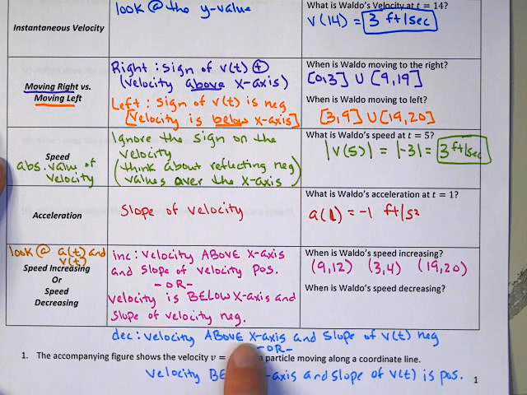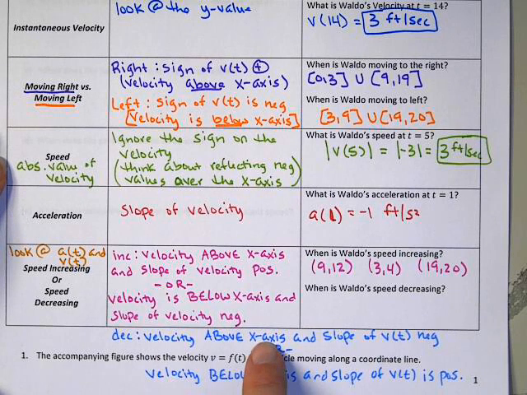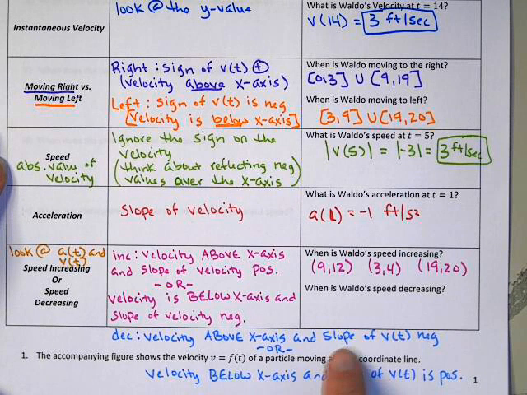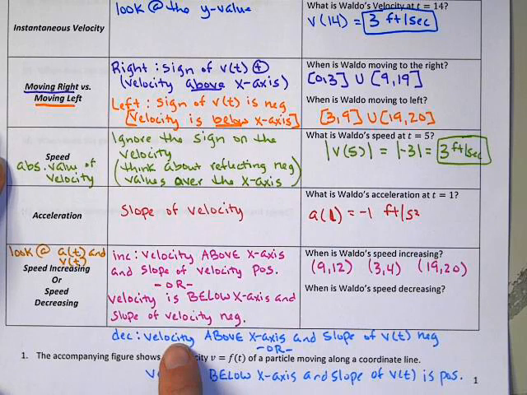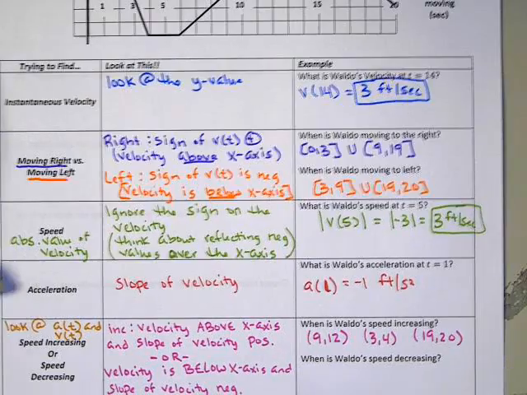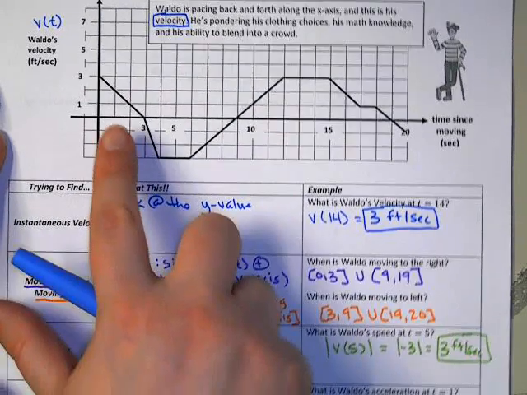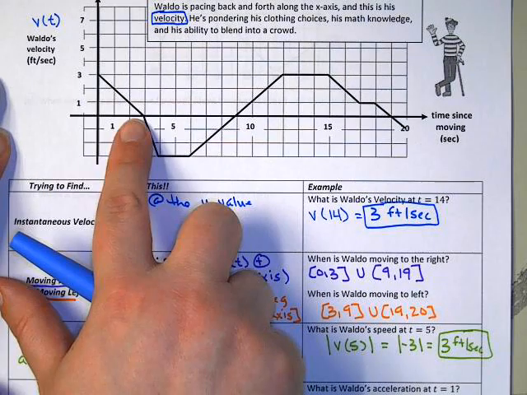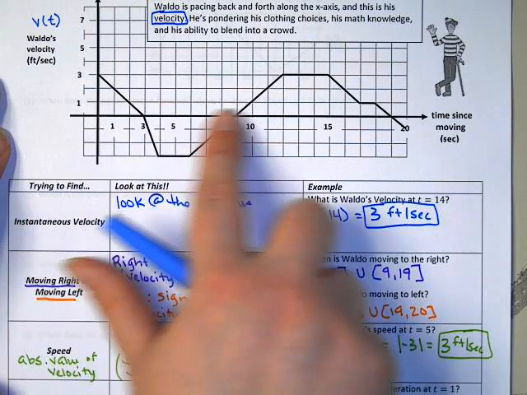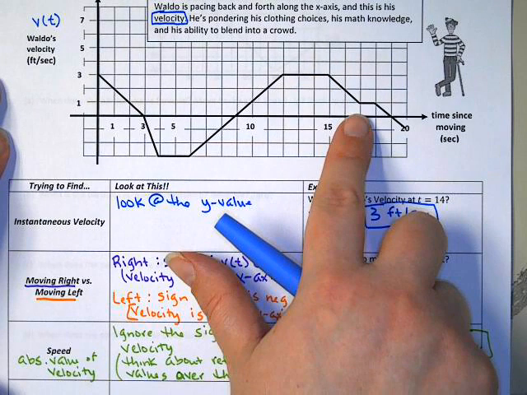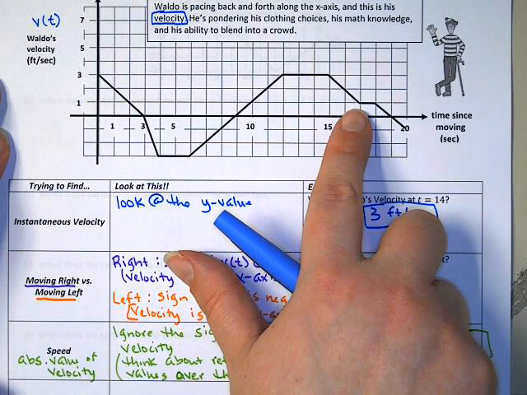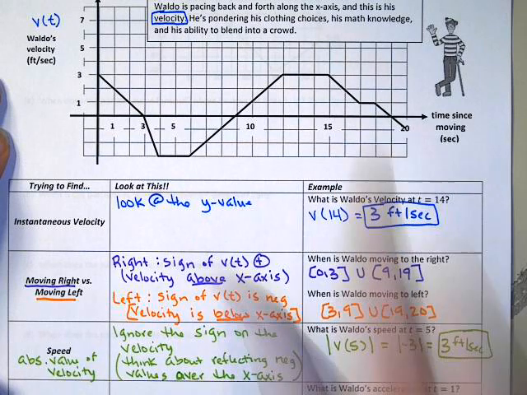We want the velocity to be positive, so above the x-axis, and we want the slope of velocity to be negative. In other words, we want velocity to be decreasing. So we want positive velocity that's decreasing. Well, positive velocity that's decreasing would be from 0 to 3, and then again from 15 to 17, and then again from 18 to 19.